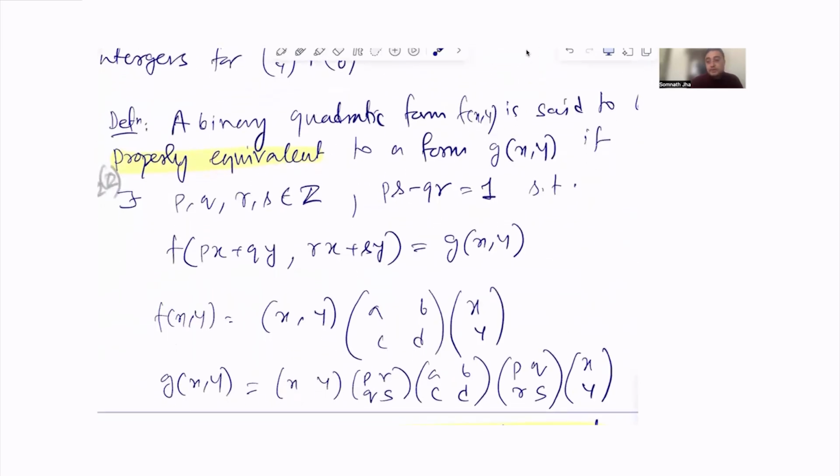Then there is the question of SL₂(Z) equivalence. What is SL₂(Z)? It is the set of 2 by 2 matrices with integer coefficients and determinant equal to 1.